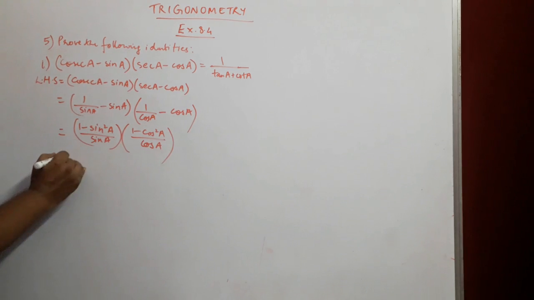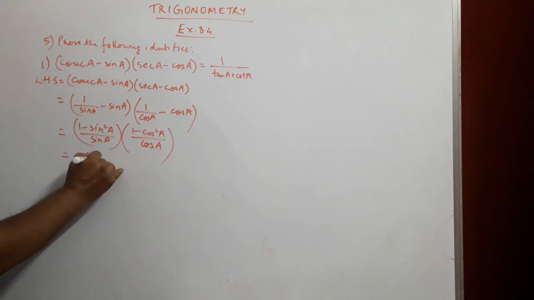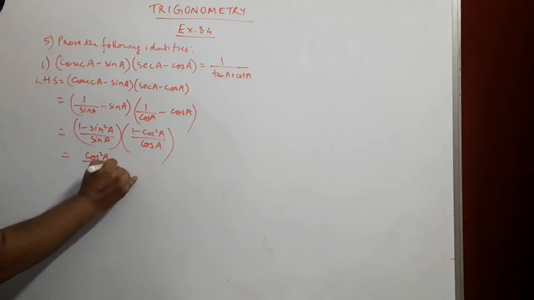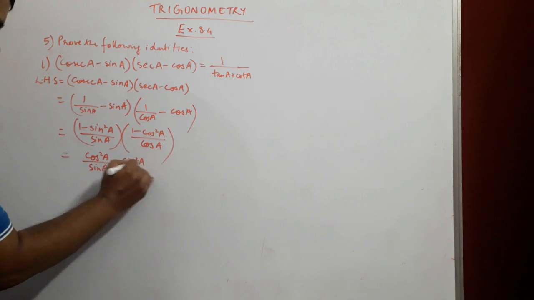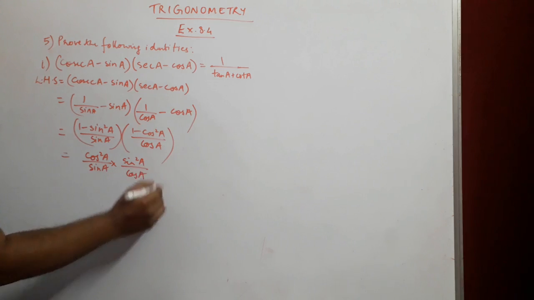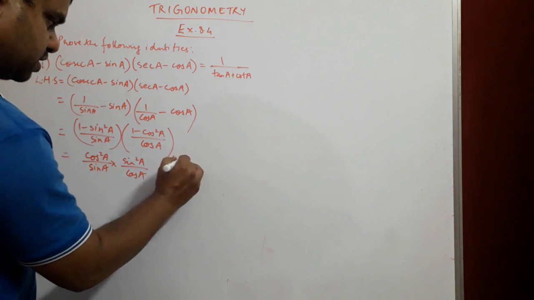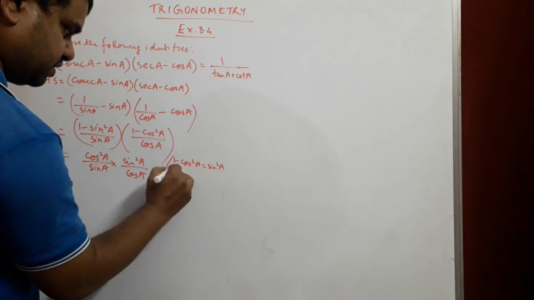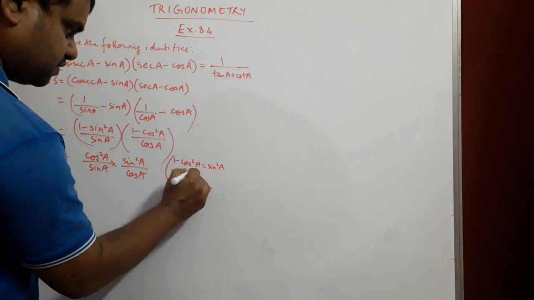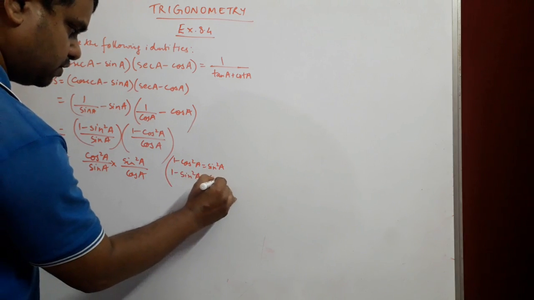Okay, so 1 minus sin square a, we know it is cos square a, divided into sin a, multiplied by 1 minus cos square a, which is sin square a, upon cos a. You can write it over here that 1 minus cos square a equal to sin square a, giving a reason, 1 minus sin square a equal to cos square a.